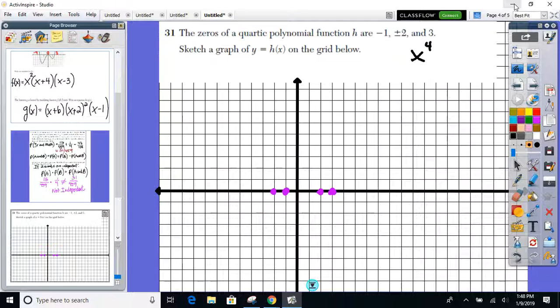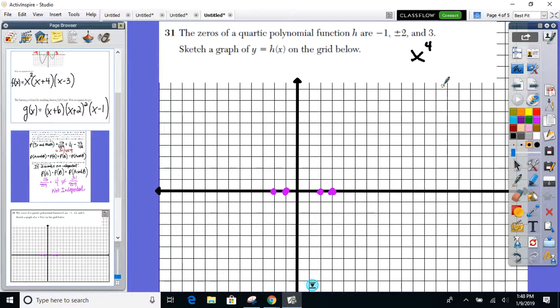And then do x to the 3rd and tell me how they compare. Here's how they compare. The one that's even starts and ends in the same direction. You have x to the 4th right now, right? Notice how it both starts and ends up. And the x to the 3rd one starts down, ends high. Everyone see that?